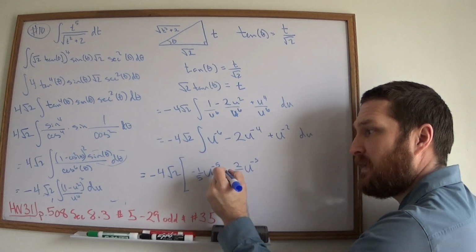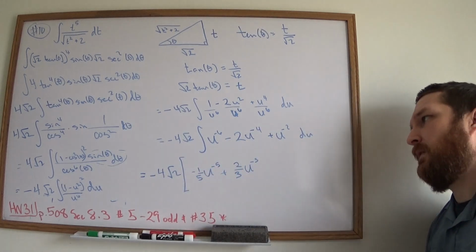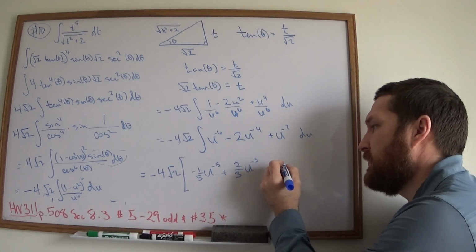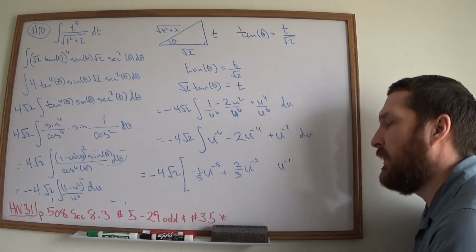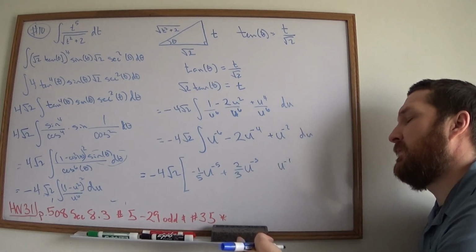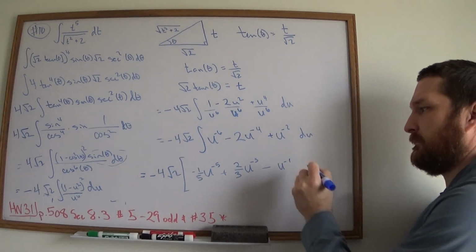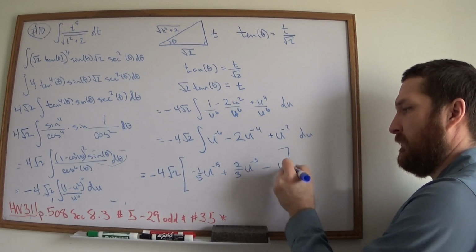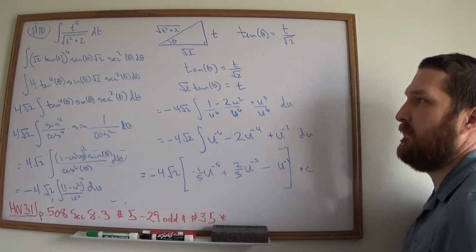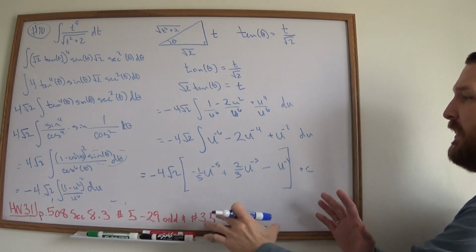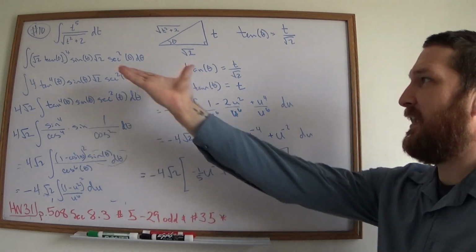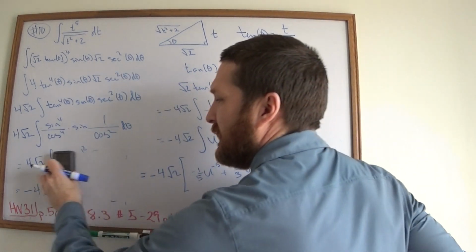Then u to the negative 2 goes to u to the negative 1, divided by negative 1, which makes that negative. There we go, negative 1 right there, plus a constant. I'm going to rewrite that up here and get rid of all this work.